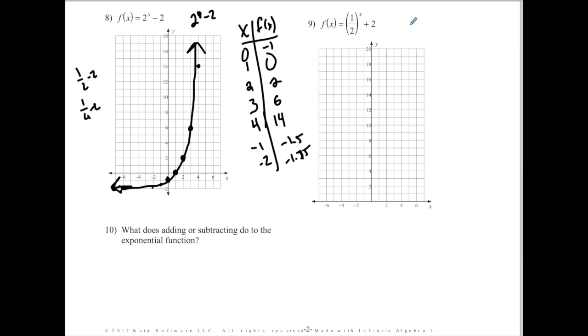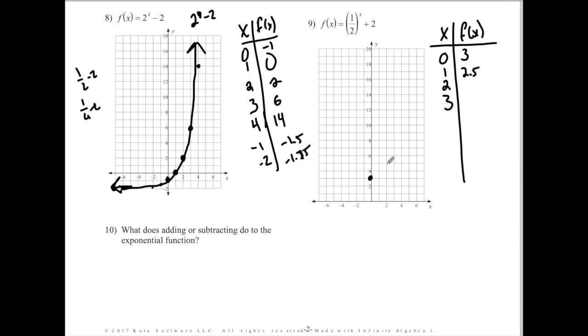All right. So 9, I'm going to do a similar thing. I'm going to start by building out my table. So again, let's start with 0, 1, 2, 3. So 1/2 to the 0, anything to the 0 is 1, plus 2 is 3. Okay, 1/2 to the 1, anything to the power of 1 is itself.